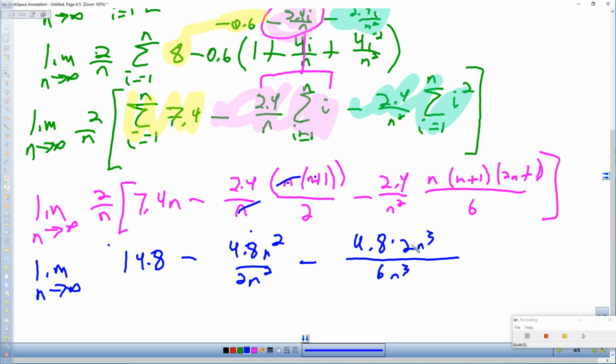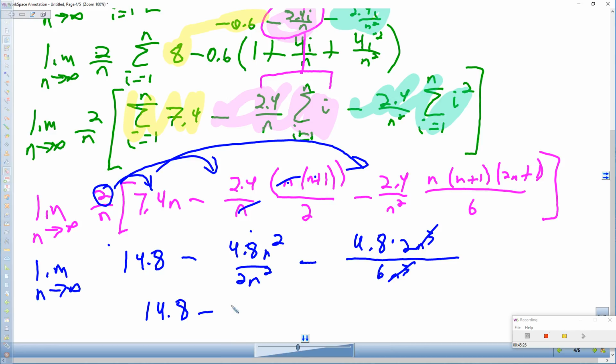Then I left that 2 in here. The 2 over n to the left has to apply to everything: here, here, and here. That's where all the 4.8 came from. At this point the n cubes are going to go away, and you're going to have 4.8 minus 2.4 minus the 9.6 over 6.